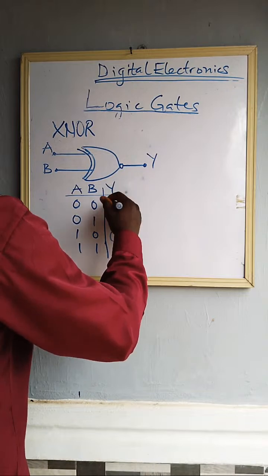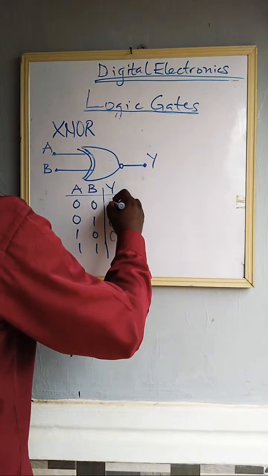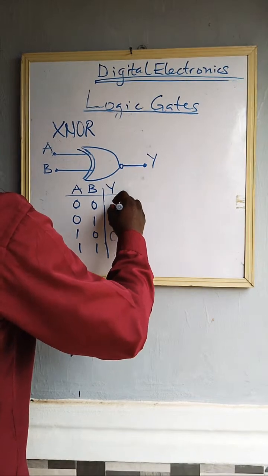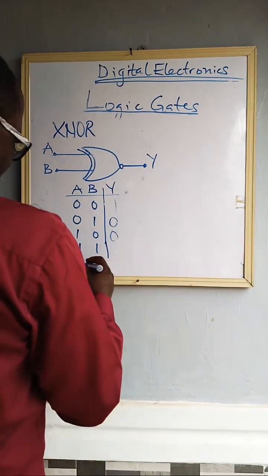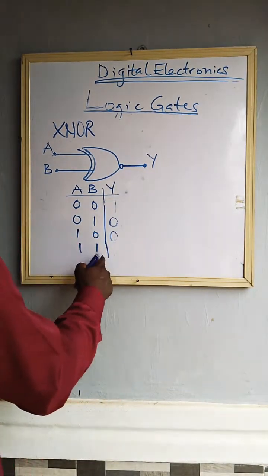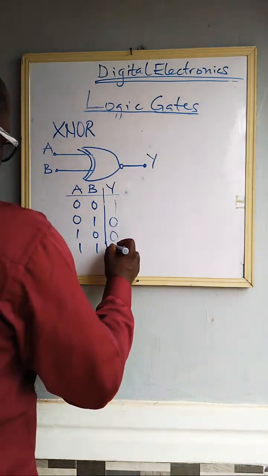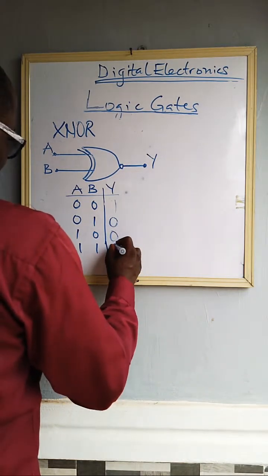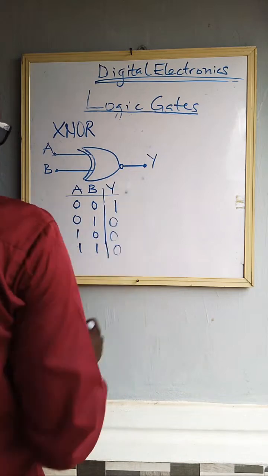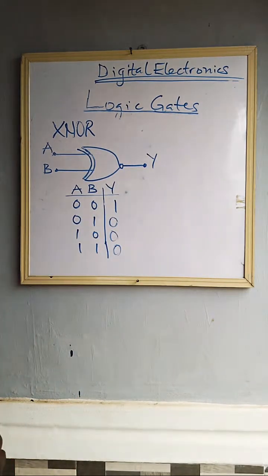Here supposed to be 1. And here it's not going to be 1 and 1. It's going to be a 0. And that is it. This is the XNOR gate. That is the XNOR gate. Okay. It's an interesting gate.